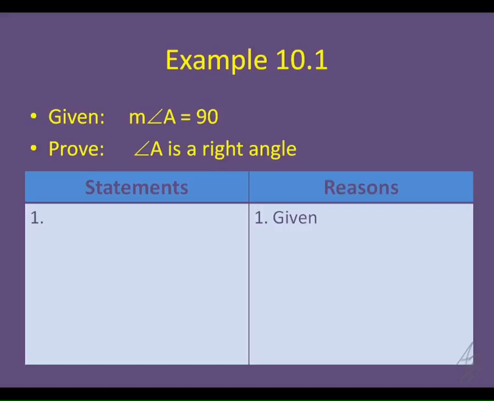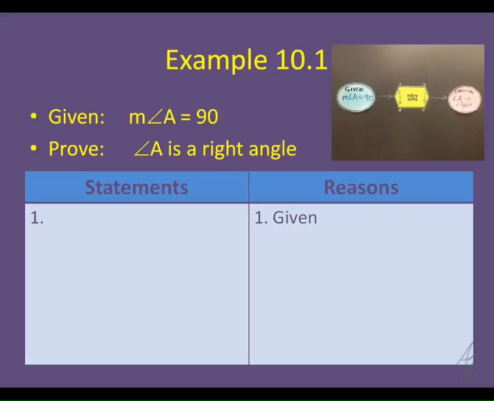In example 10.1 here, we're given that the measure of angle A equals 90 degrees. We want to prove that angle A is a right angle. We're actually going to make this proof two different ways. I'm going to do it as a flow diagram on the board, and then we're going to put that flow diagram into a two-column format. So I'll talk about the two-column proof in just a minute, but let's look at the flow diagram here first.